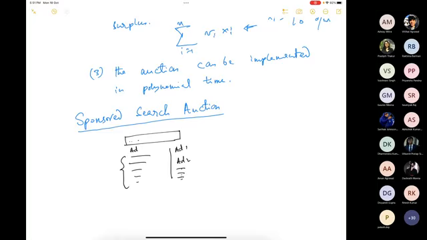And it turns out that in 2006, Google used to earn 98% of its revenue from sponsored search auction. So this shows how important it is for a company like Google to show the right ads at the right places for the right keywords.